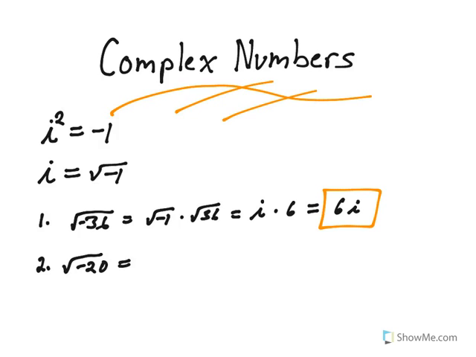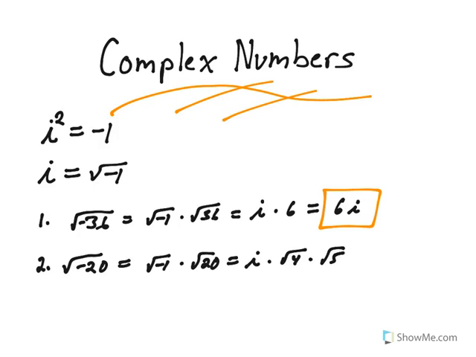Square root of -20 is going to be the same thing. We're going to factor out the -1. And then now we're going to assign the square root of -1 as i. And then now break down the square root of 20 into the product of 4 and 5. Okay?